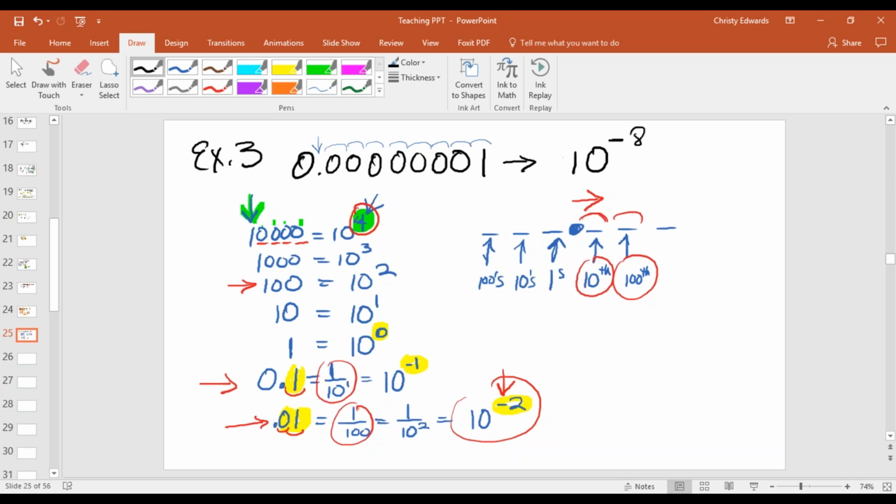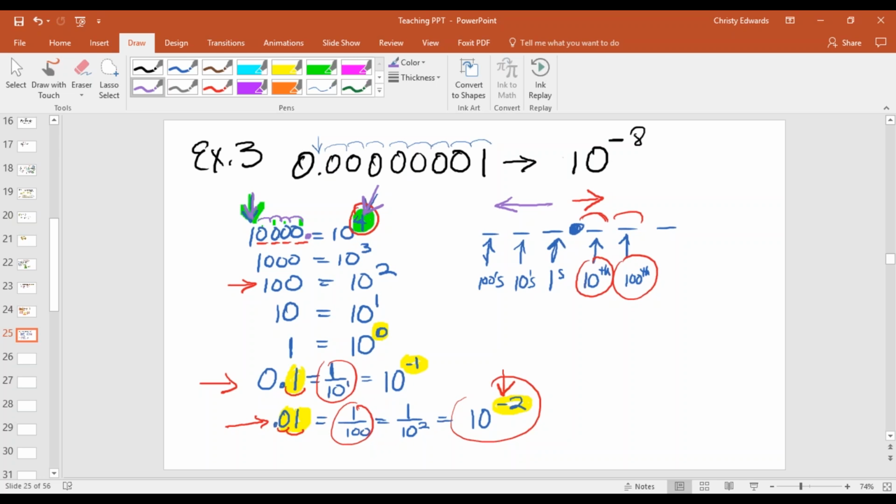So when we're working with powers of 10 to the left of the decimal, on what we think of as the whole number side, you look at the first number and you count how many digits are after it to the decimal. That's the positive exponent on the 10. 1, 2, 3, 4 things after the first one.